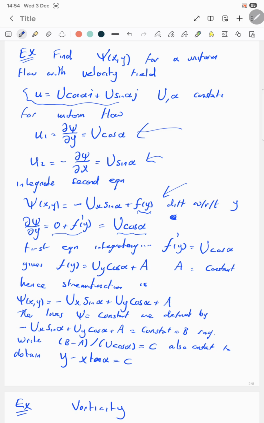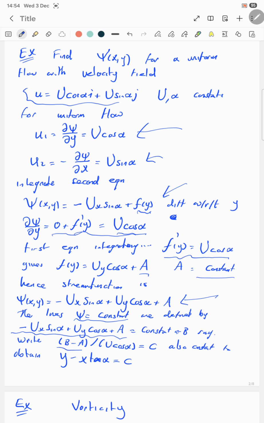Now the first equation, integrating, we get f prime of y equals U cosine alpha, which we determined here. Now this gives f of y equals U y cosine alpha plus A. A is a constant, hence a stream function is given here. The lines psi constant are defined by this equation, which is a constant, we'll say equals b.